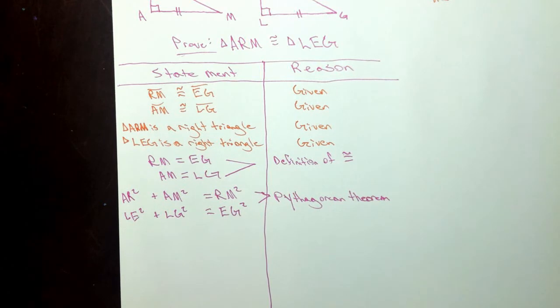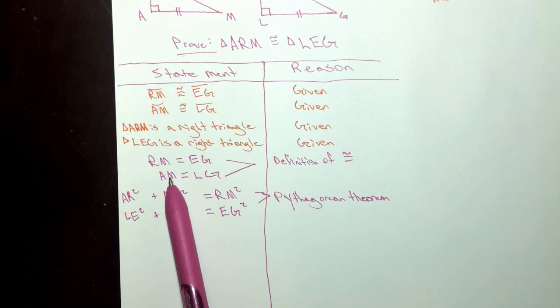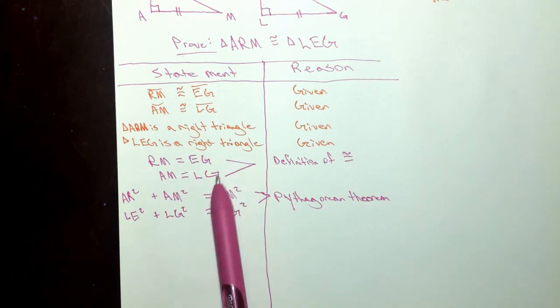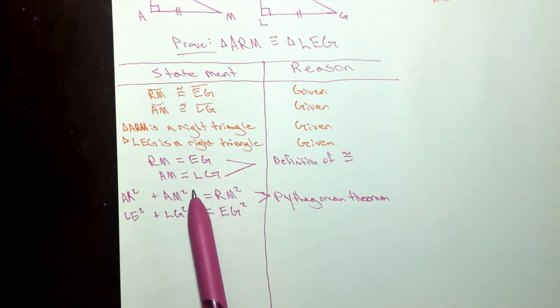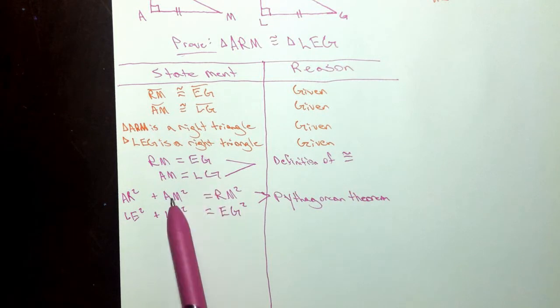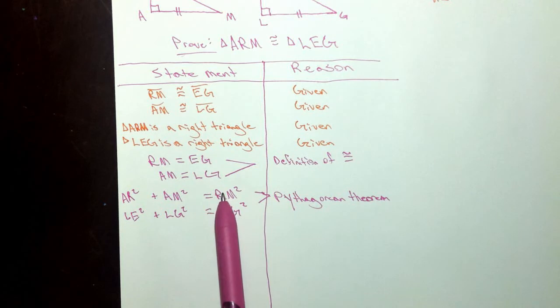Now, the next thing I want to do is some substitution. With these statements that I have from the definition of congruence, I want to take LG and substitute it in for AM, and I'm also going to take EG and substitute it into this equation for RM.